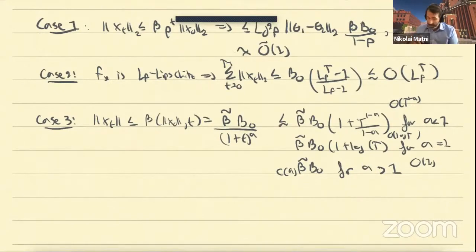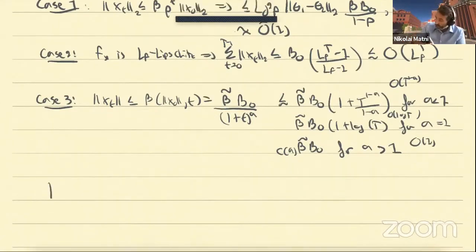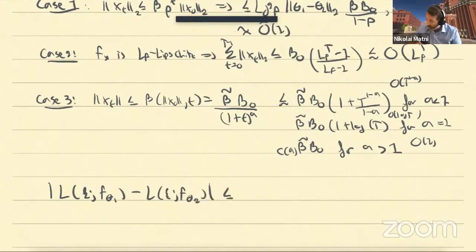So what we can conclude more generally is that the loss function is going to be less than or equal to L del squared f times some constant that depends on t, that's these different bounds up here, times theta 1 minus theta 2.